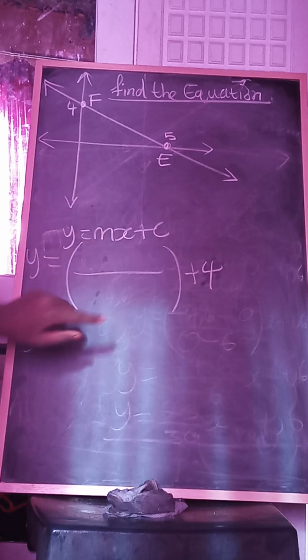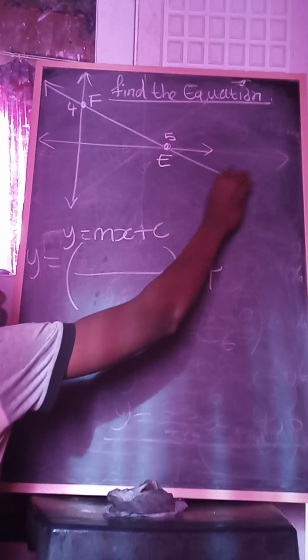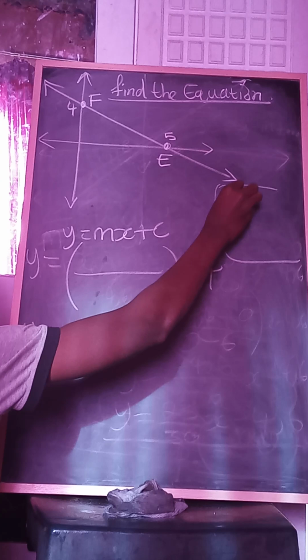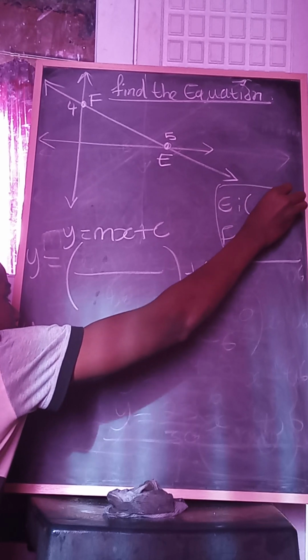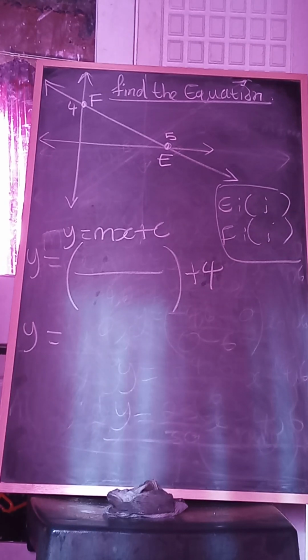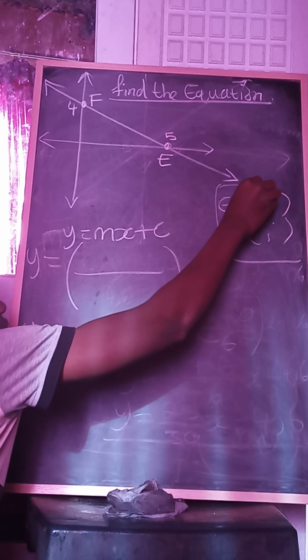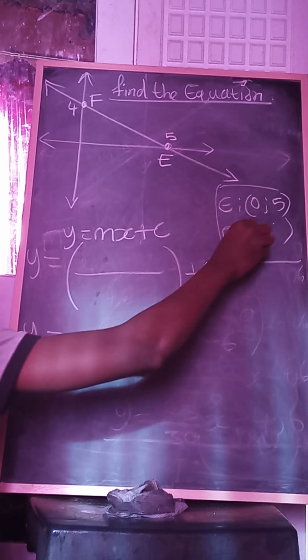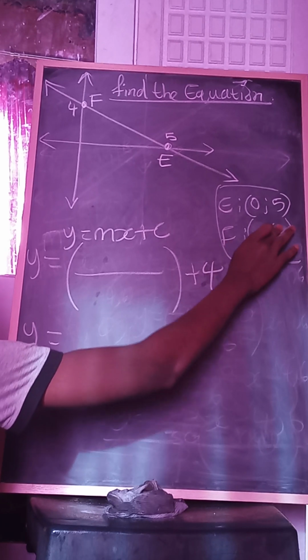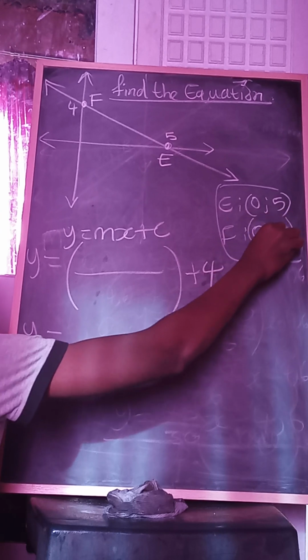From here, you write the coordinates of E and F. What are the coordinates of E? 0 and 5, and here is 4 and 0. Is this correct? No, it's not. It's 0 and 4.